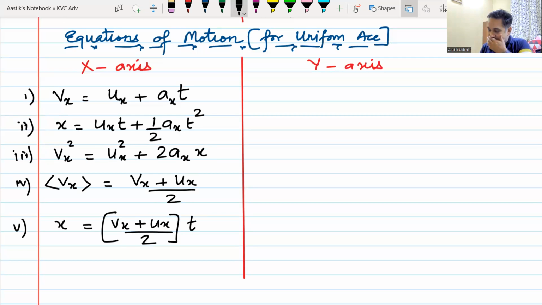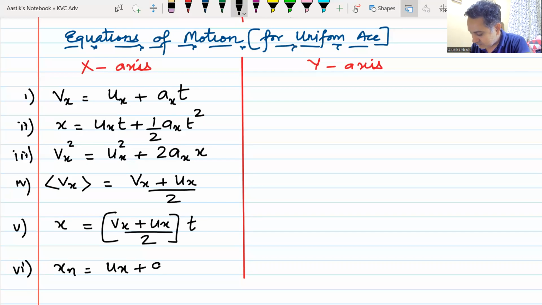Are you getting me, or is it getting too complicated for you to understand? Please raise your hands and let me know. The sixth equation: displacement in the nth second will be ux plus ax by 2 into 2n minus 1.